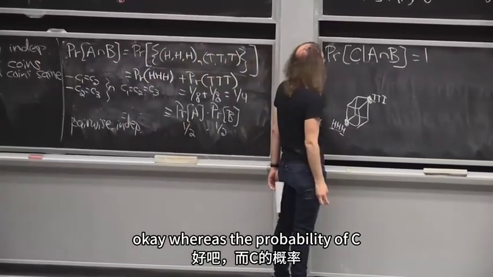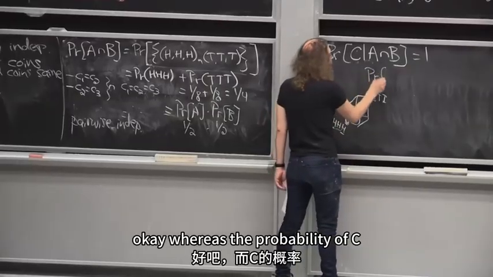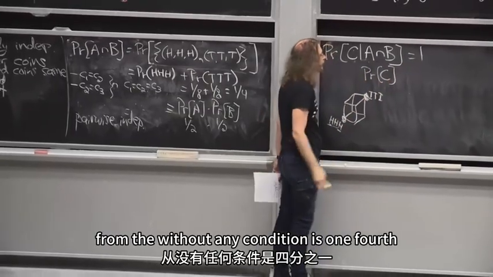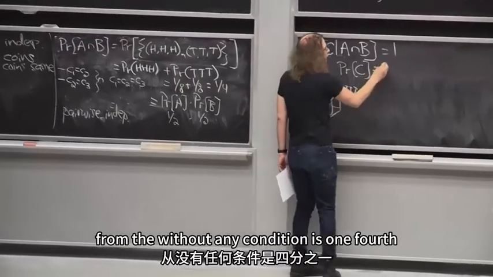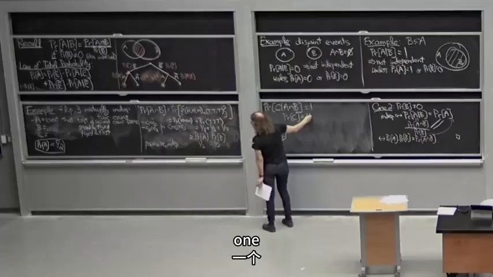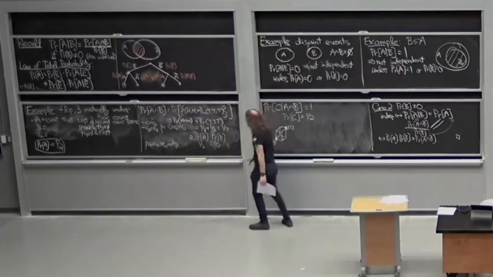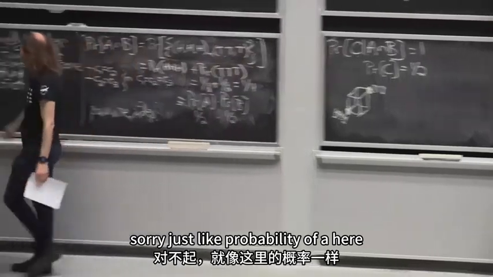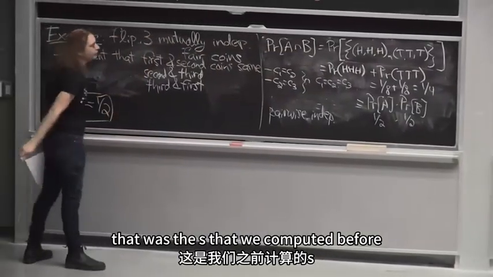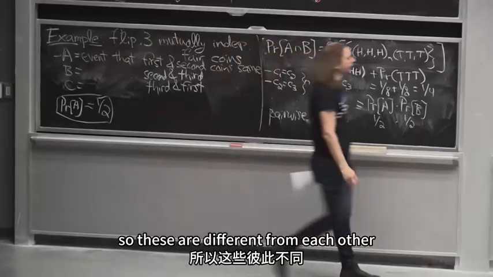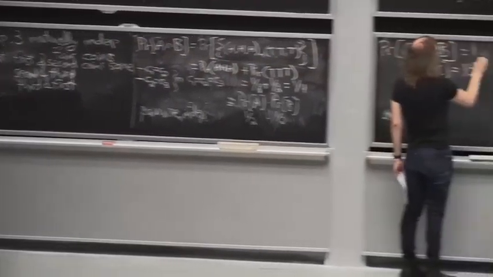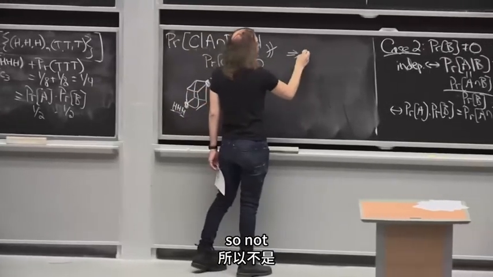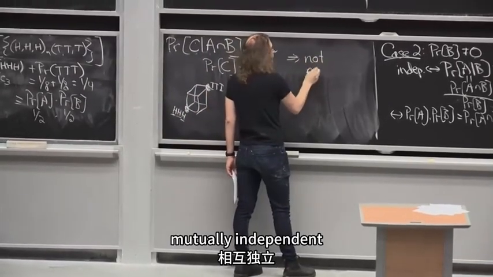Whereas the probability of C without any condition is 1/2. Sorry. Just like probability of A here. That was the S that we computed before. So these are different from each other. Not mutually independent.